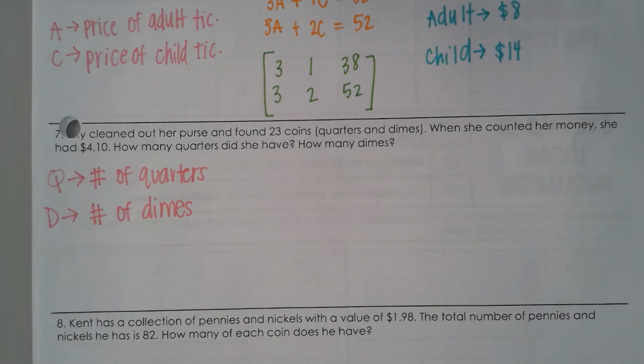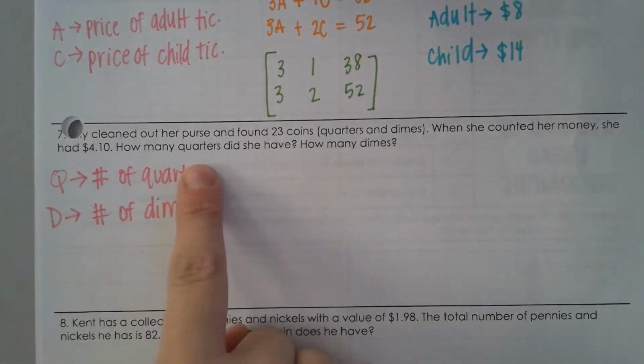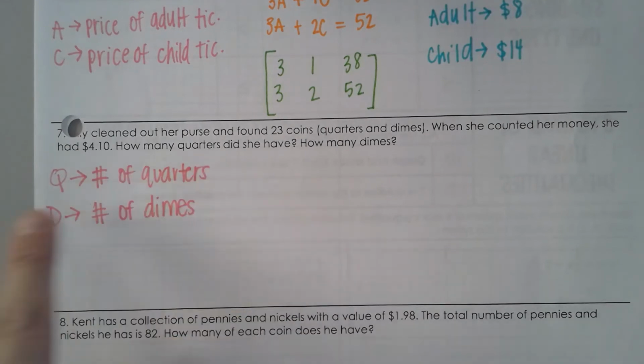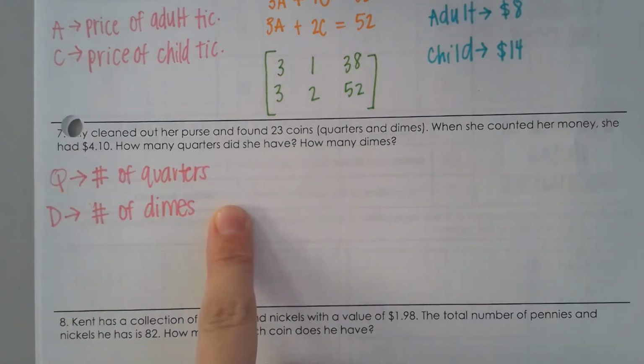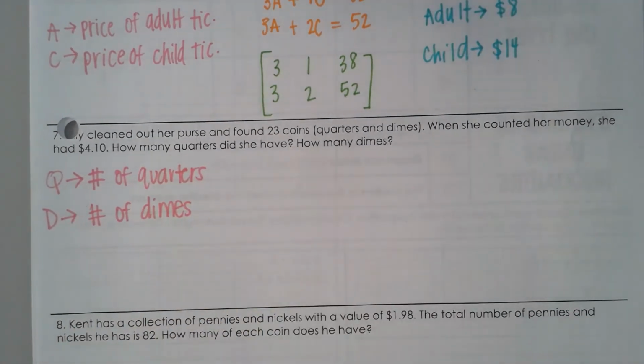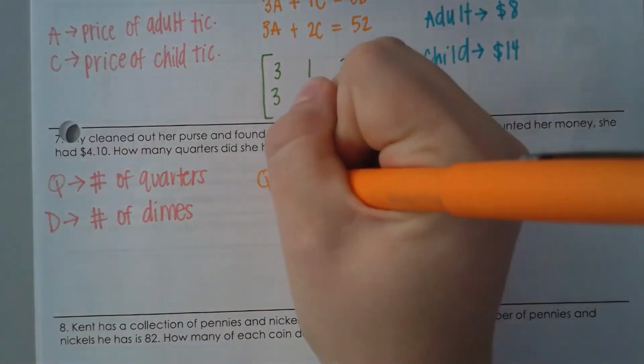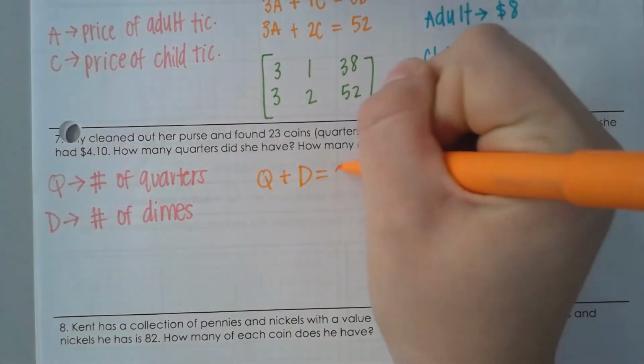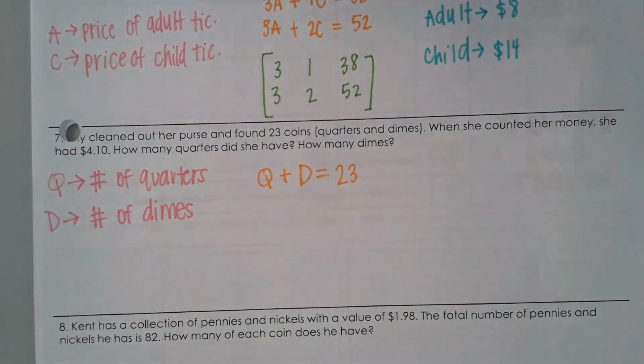So that first little bit of information is that she had 23 coins, just quarters and dimes. So how do I put that in an equation? Q, my number of quarters, and D, my number of dimes, added together equals 23. So Q plus D equals 23.